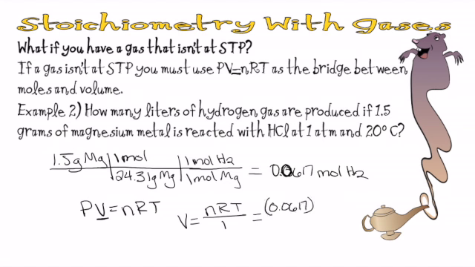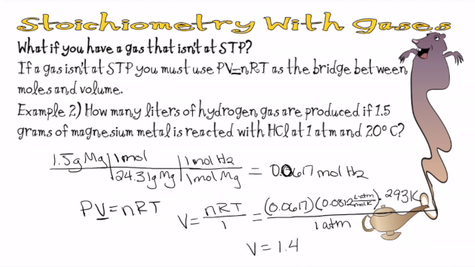So we had 0.0617 moles times our gas constant times temperature, which was 20 degrees C. So we're going to add 273 and get 293 Kelvin divided by pressure, which was 1 atmosphere. So the volume that we could produce is 1.48 liters of hydrogen.